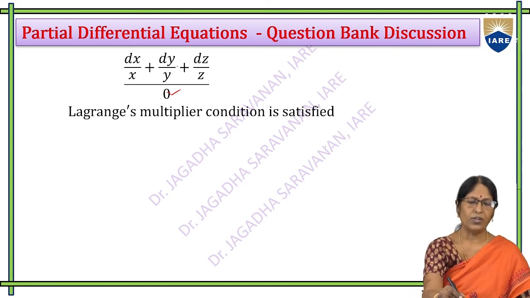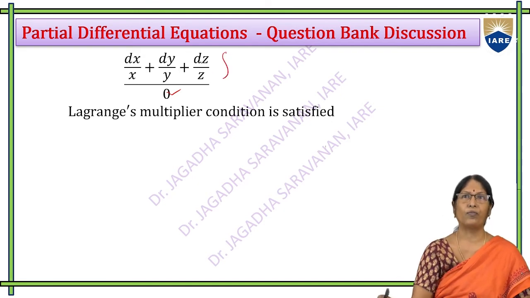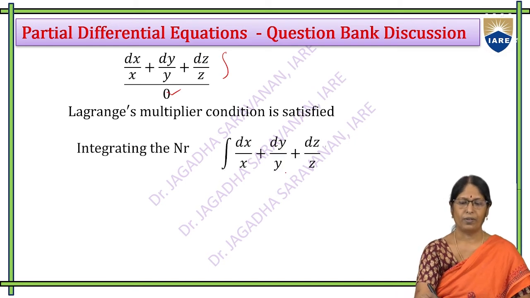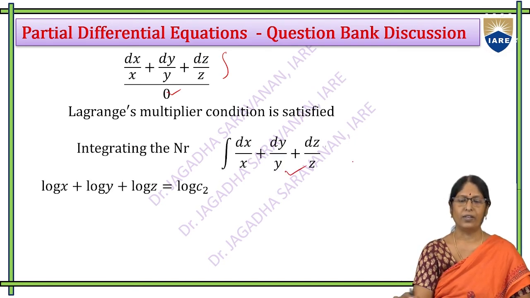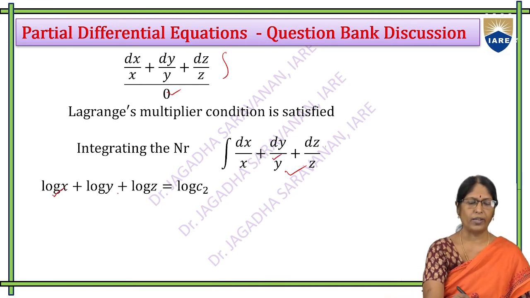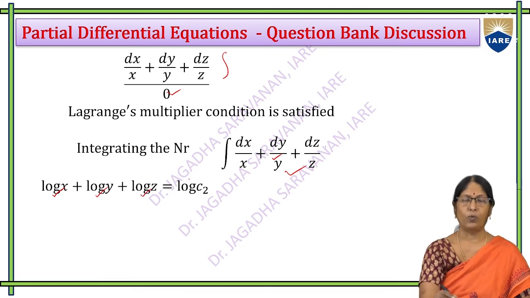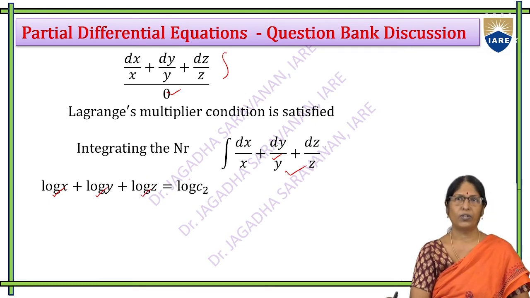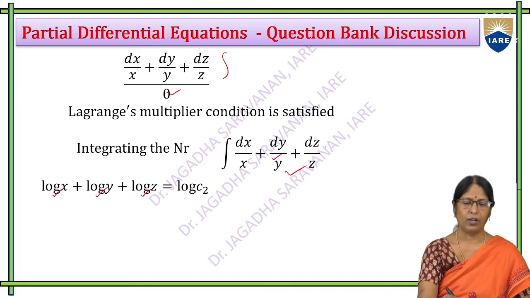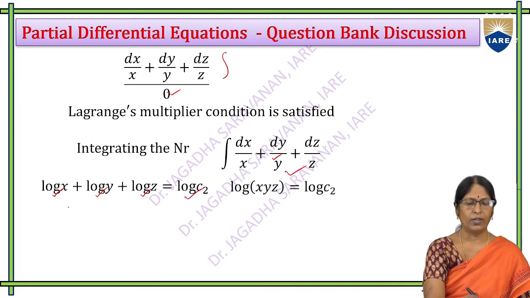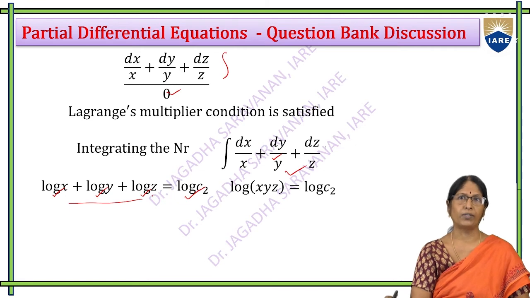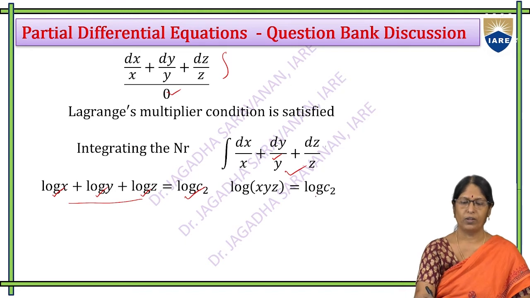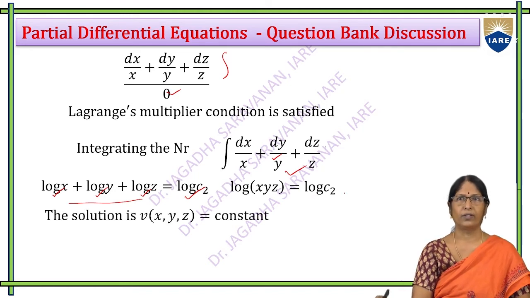And we have to do the integration of the numerator. We have done it. This integration is dx by x, log x. The second one gives log y. The final one is log z, which is equal to a constant, added in logarithmic form. Here we applied log a plus log b plus log c, which is nothing but log of abc. So both the logs cancelled. We obtained xyz equal to C2.